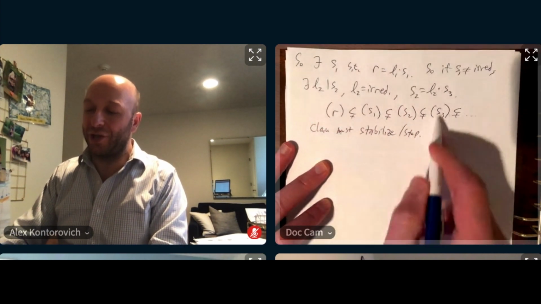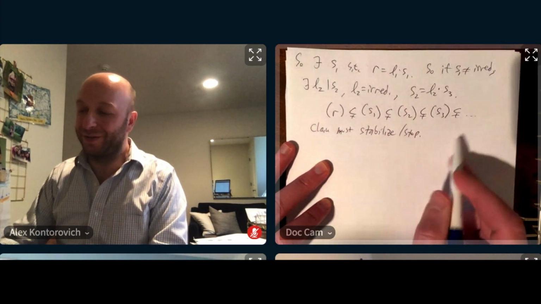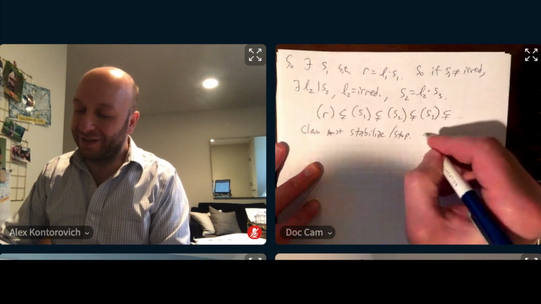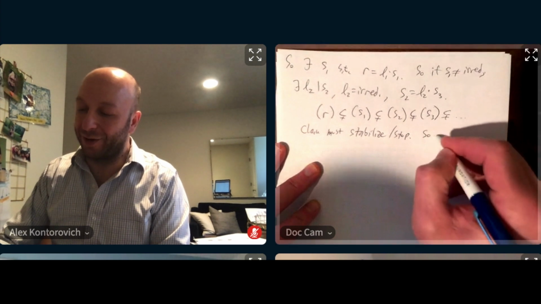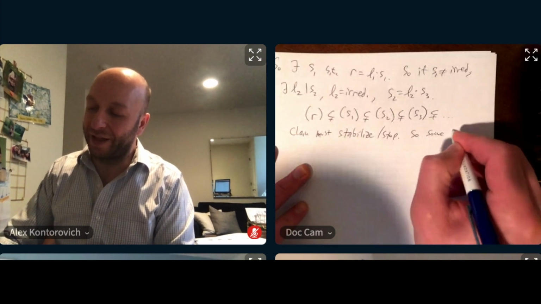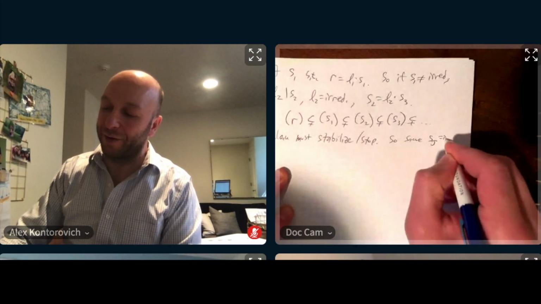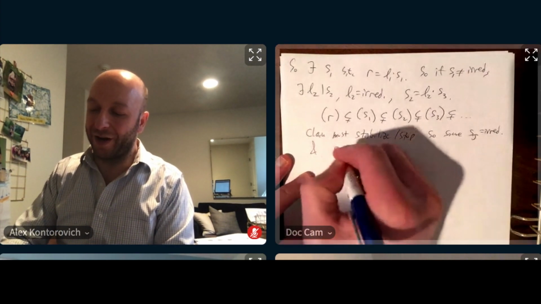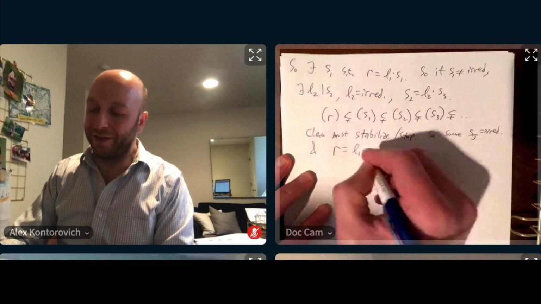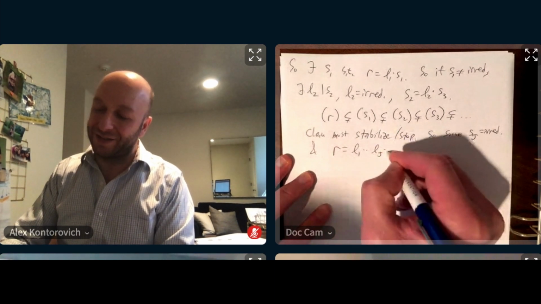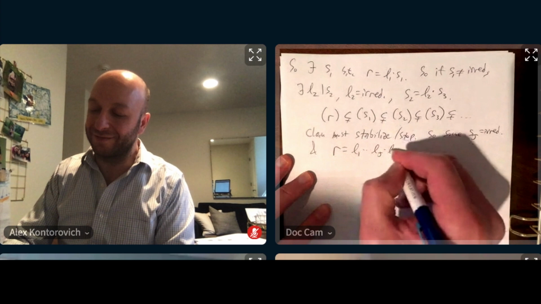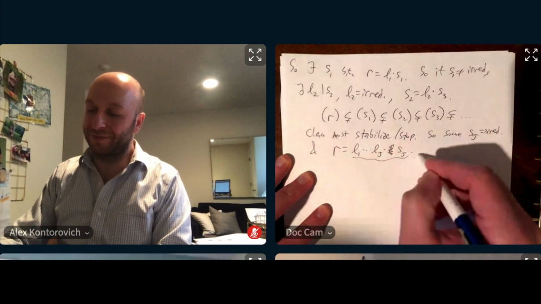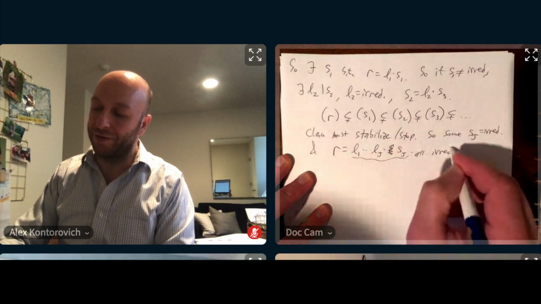I can't get new elements that are genuinely new. So at some point we find an irreducible element. So some Sj is itself irreducible, and R is equal to L1 times L2 times Lj times Sj, and these are all irreducibles.